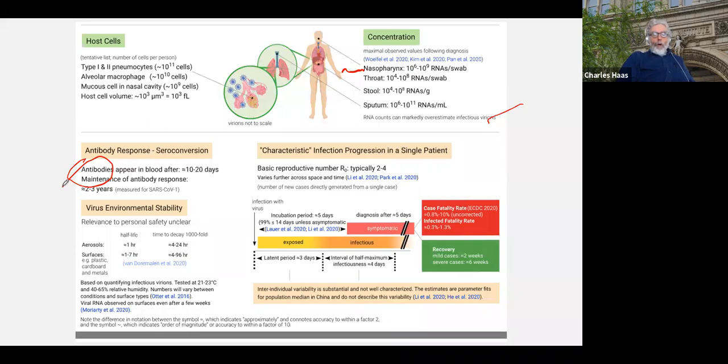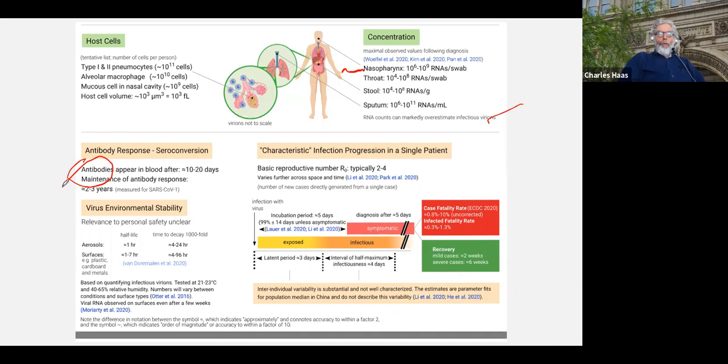The viruses are fairly stable in the environment. There have been recent measures, specifically of SARS-CoV-2. The numbers here are a mix of data from CoV-1 and CoV-2, although the Van Doremalen data is for SARS-CoV-2.